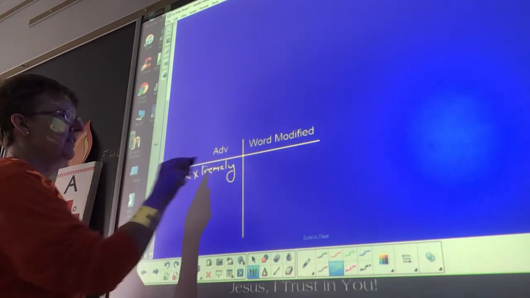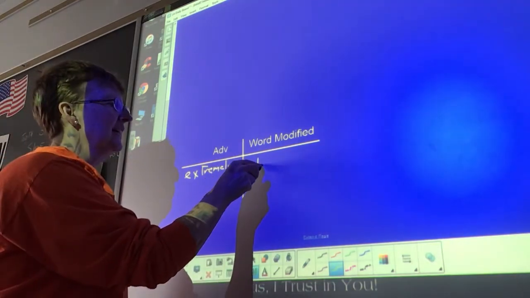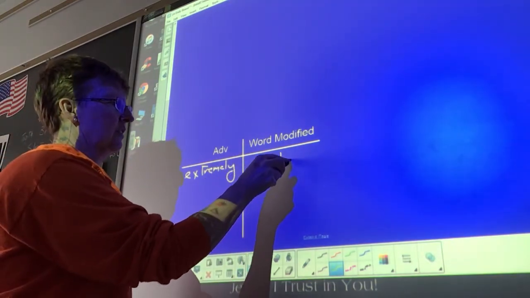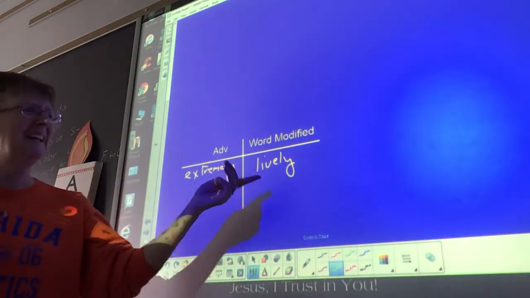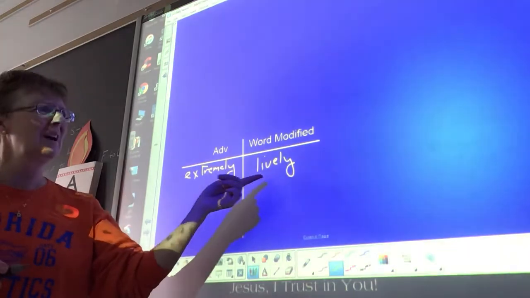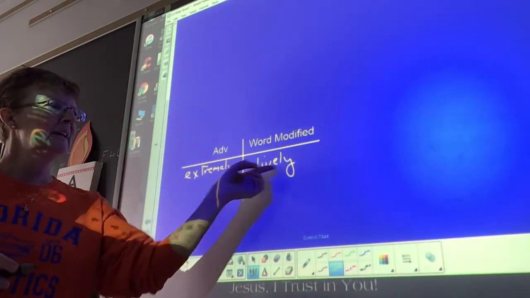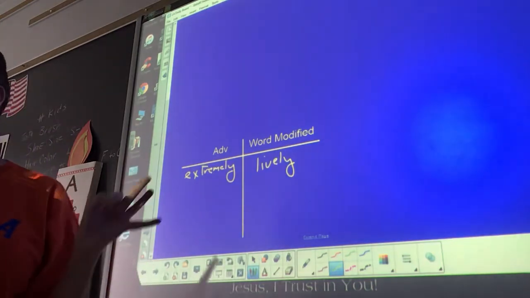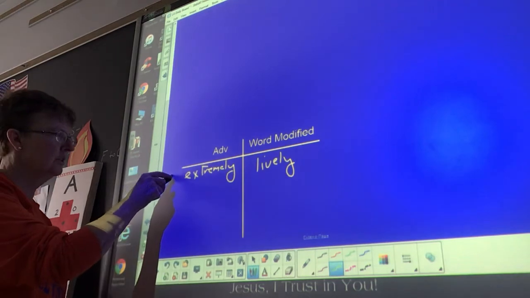And you can say to yourself, extremely what? Well, they're extremely lively. So extremely is the adverb. It's modifying an adjective. Lively is the adjective. Extremely lively.